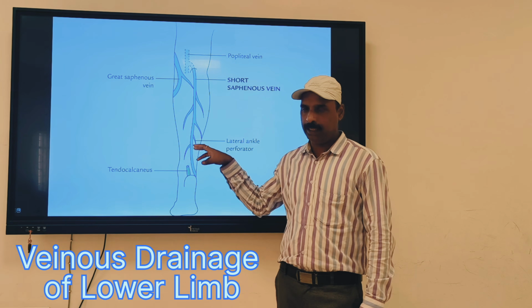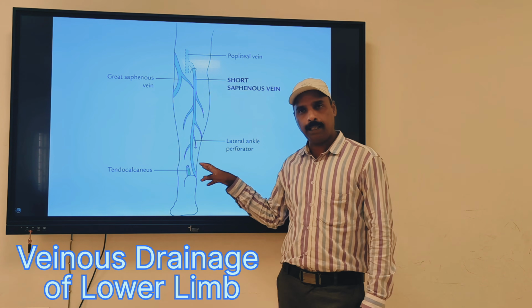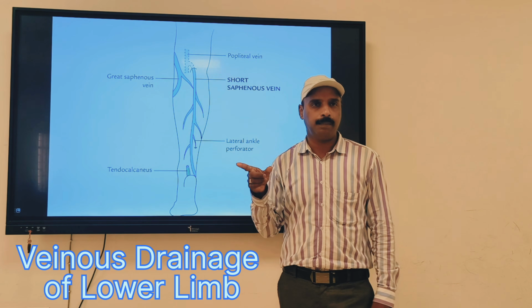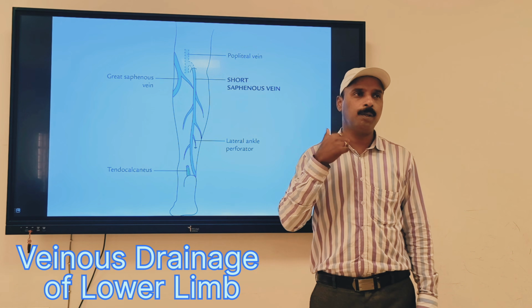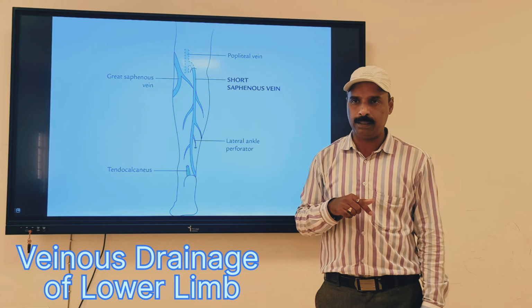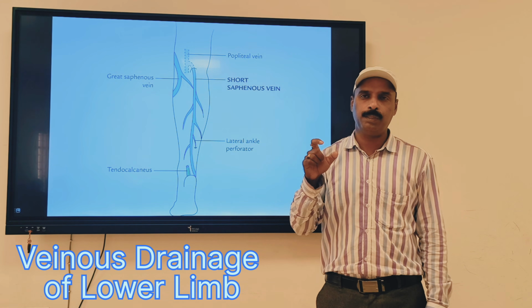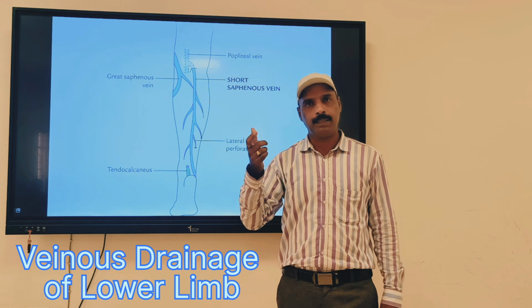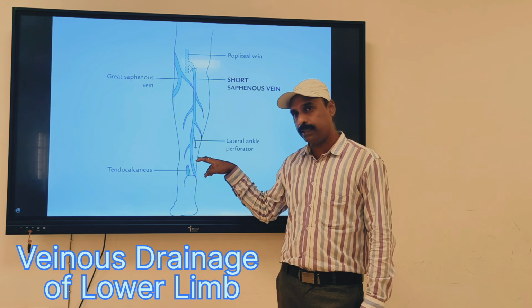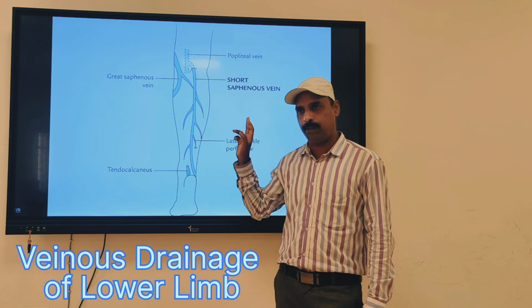And the short saphenous vein runs from the lateral end of the dorsal venous arch, passing behind the lateral malleolus. Very important, because the great saphenous vein runs in front of the medial malleolus. These are the landmarks you should remember. Great saphenous runs in front of the medial malleolus, but short saphenous passes behind the lateral malleolus.